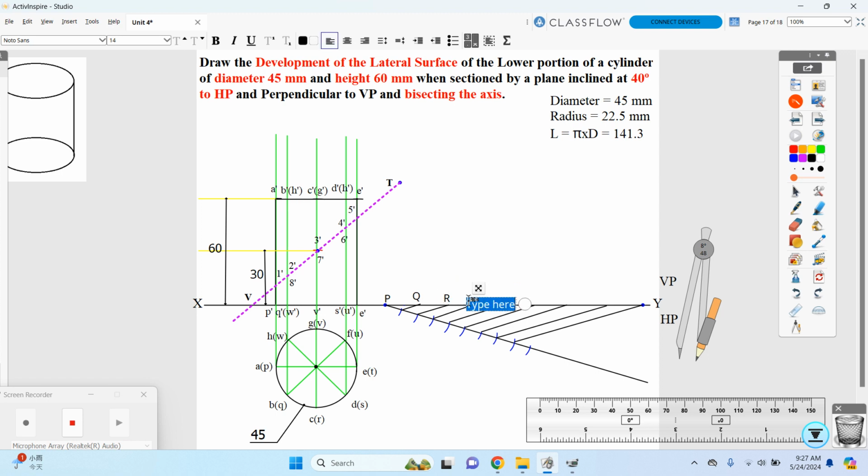Then this is your S point. Then this is your T point, S point, and then T point, U point, P point, then W point. Then the last is your W point, and this is your T point.